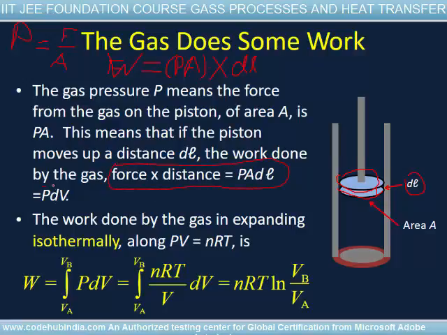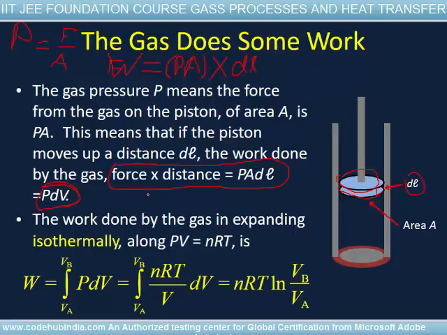The work done by the gas is PV, the volume change with the downward displacement of the piston, compressing the gas inside with a length of dl. So the change in volume gives the work done.